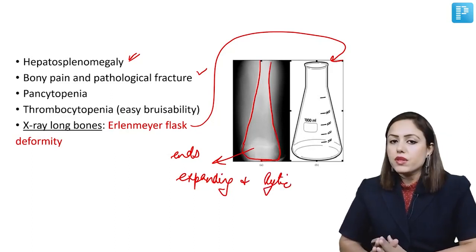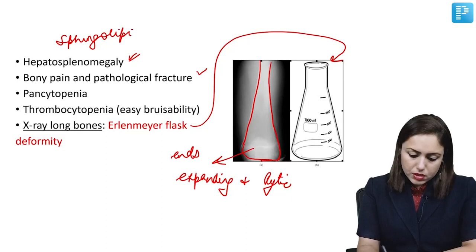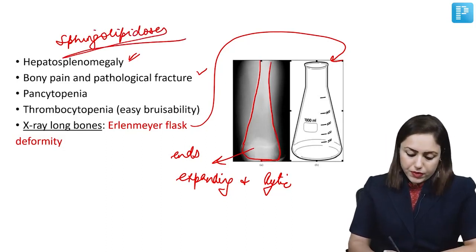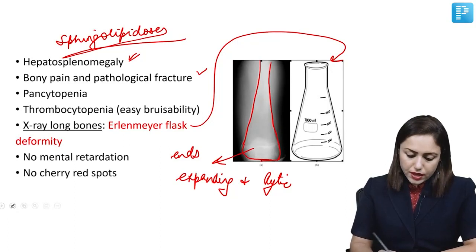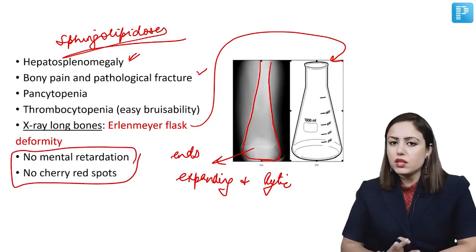Because this Gaucher's disease is a sphingolipidosis. Sphingolipids are getting accumulated. Okay. Now this Gaucher's disease has no mental retardation and no cherry red spots. Otherwise, most of the sphingolipidosis have cherry red spots, right?